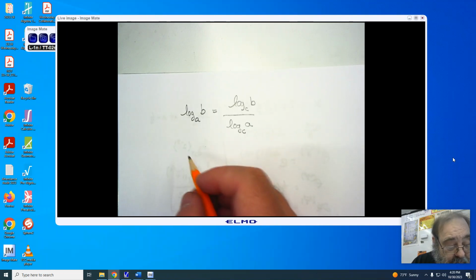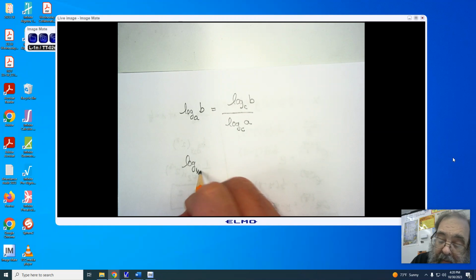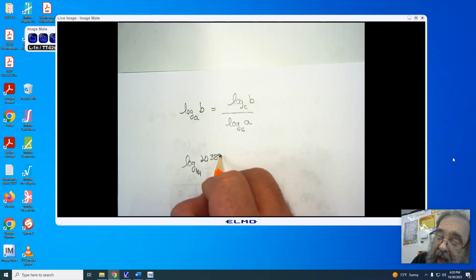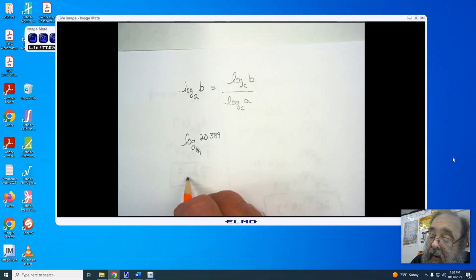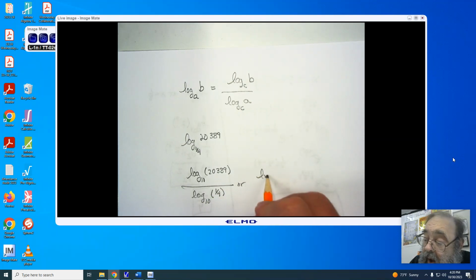So here we go. If I see log base 1/4 of 20,389, I'm going to call it log base 10 of 20,389 over log base 10 of 1/4, or the natural log of 20,389 divided by the natural log of 1/4.